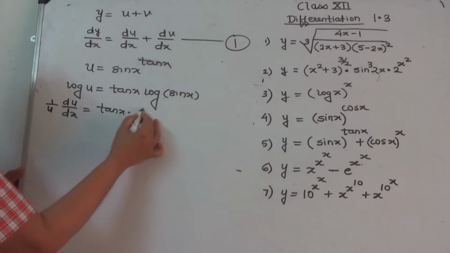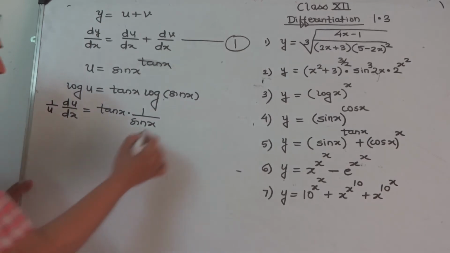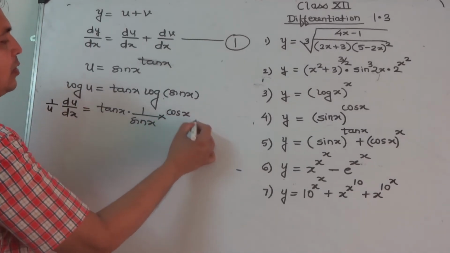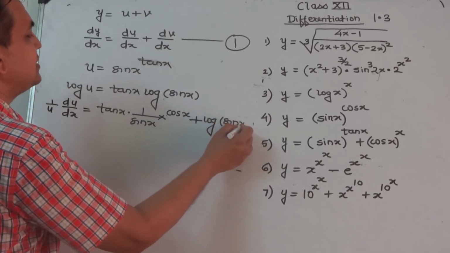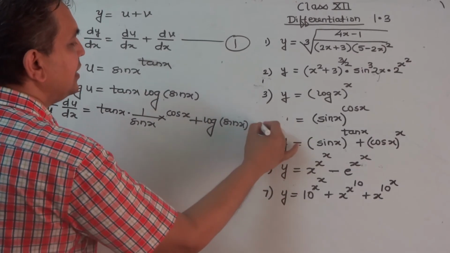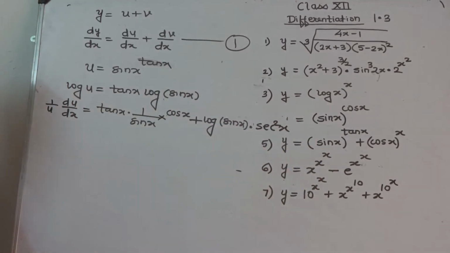Tan x, derivative of log is 1 upon, in place of x we have sin x. So chain rule, derivative of sin x is cos x plus log of sin x as it is into derivative of tan x is, what is derivative of tan x? Sec square x. Is this clear?